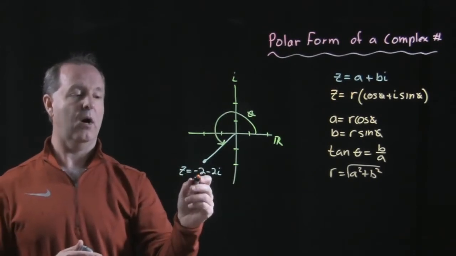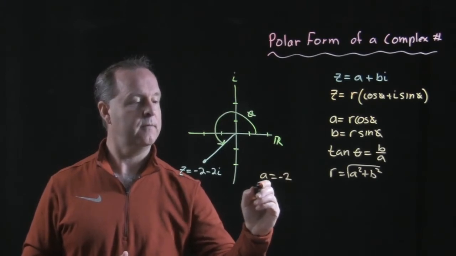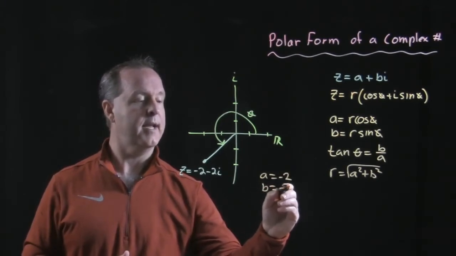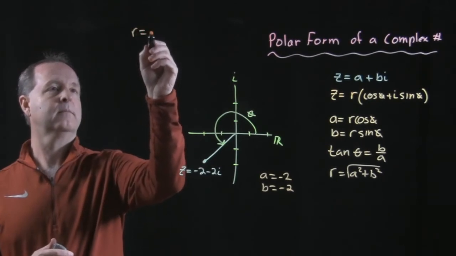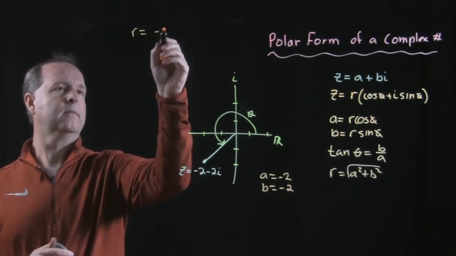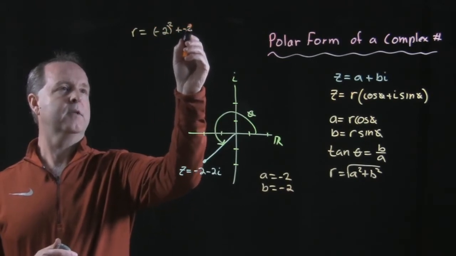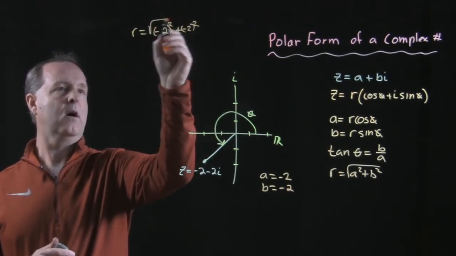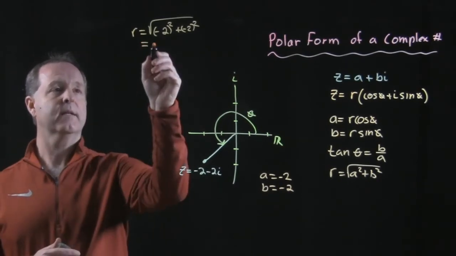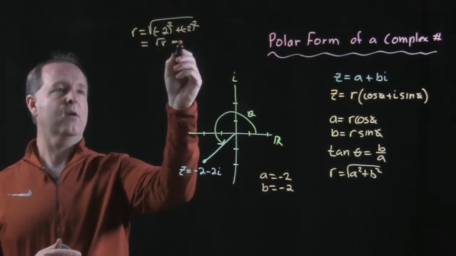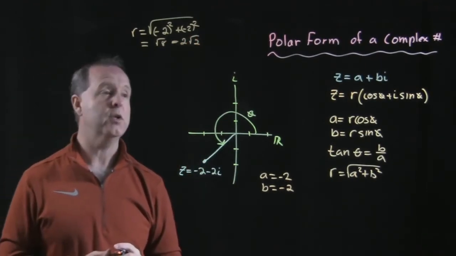In this term, our a equals -2, and our b equals -2. So r then would become the square root of -2 squared plus -2 squared. That's 4 plus 4, which is root 8, and that equals 2 root 2. So r equals 2 root 2.